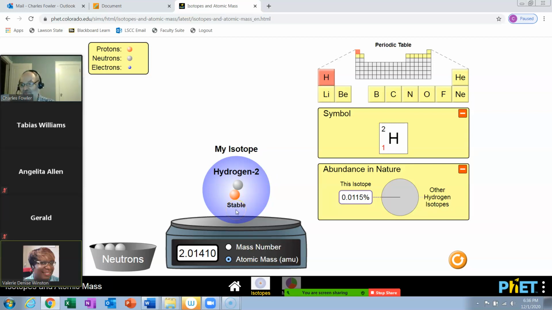Yes, there it says stable. What's the mass number? Oh, I have to go down here. Mass number? 2. What's the atomic mass? Click on that one. 2.01410. Got it. What's its symbol? 2,1H. Perfect. And what's the abundance in nature?